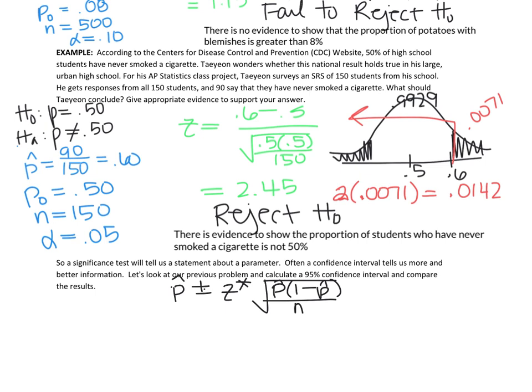So for our problem, p hat is 0.6 plus or minus, and then the critical value for a 95% confidence interval is 1.96, times the square root of 0.6 times 0.4 all over n, which is still 150.